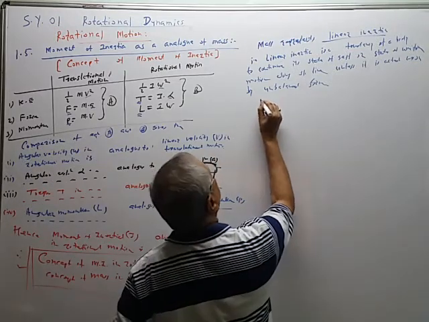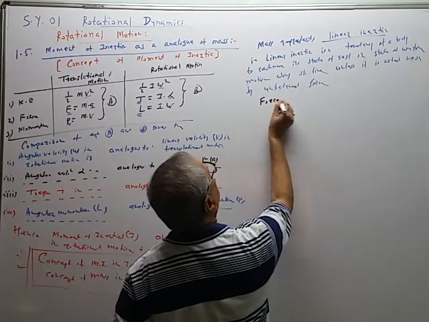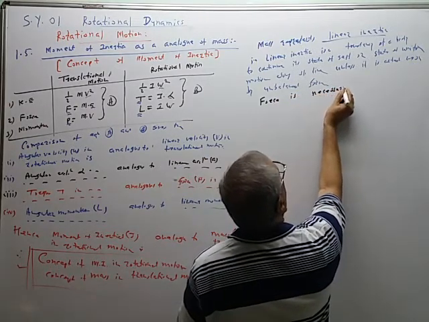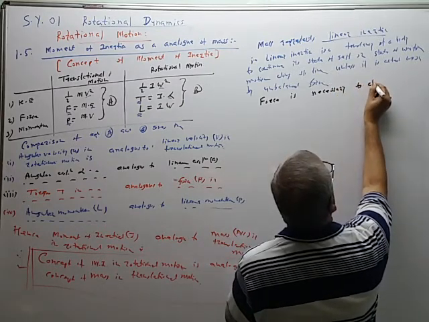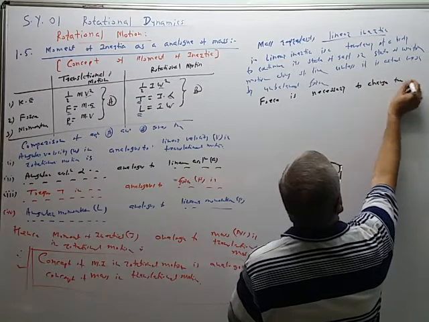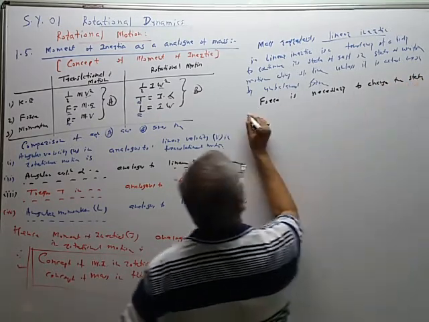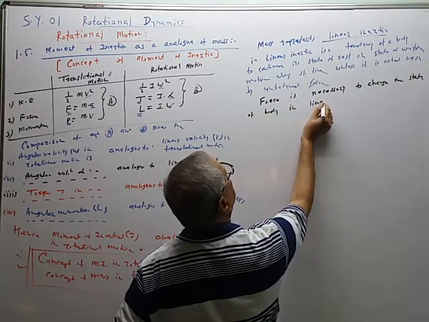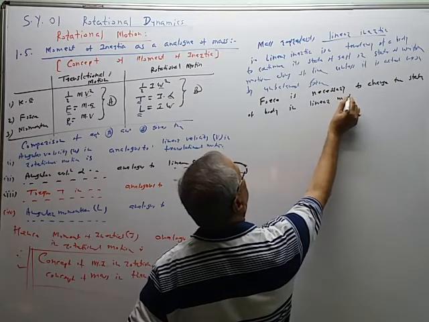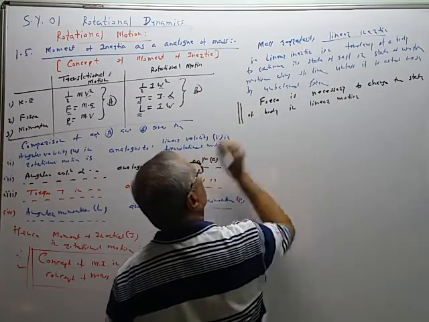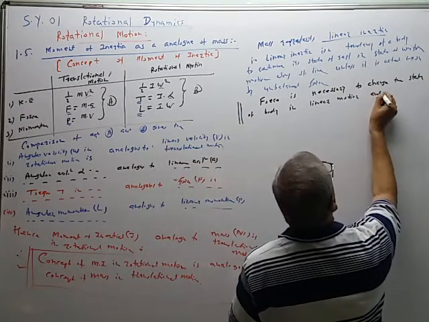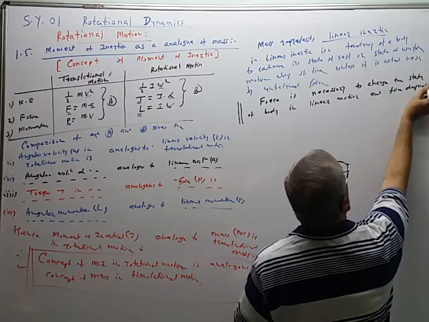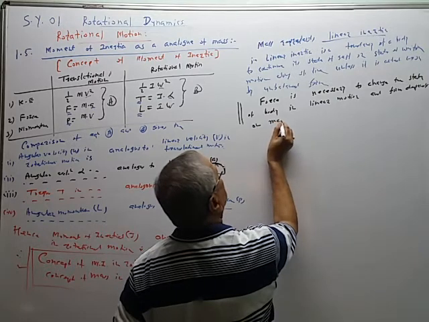So force is necessary to change the state of the body in linear motion. And force depends on mass.